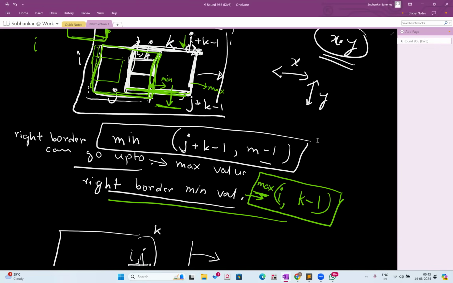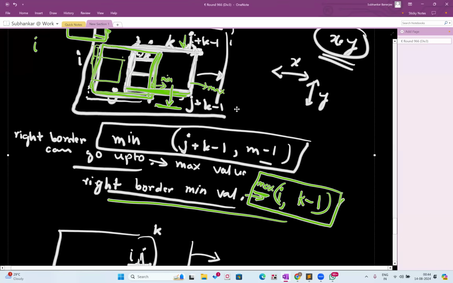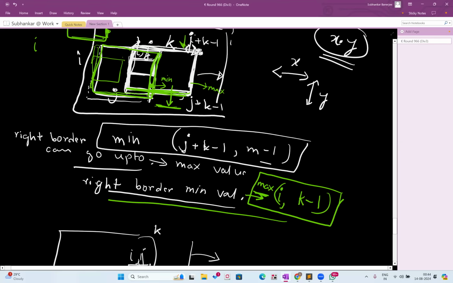So we're just counting the number of times we are moving. Exactly. How many times we can move with that square so that it lies within that i comma j. So the k into k square is covering the i comma j cell, and we have to move in such a way. That can be done by moving the right border. So the right border has to be at j.